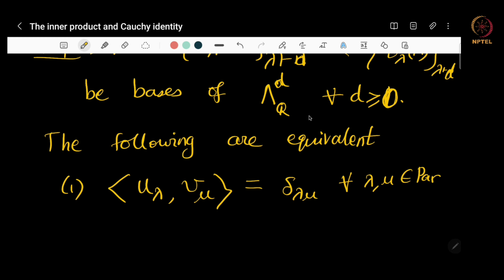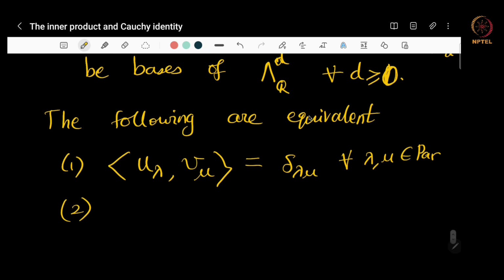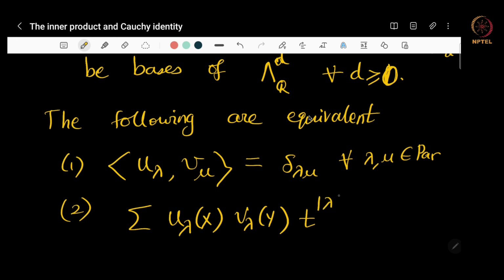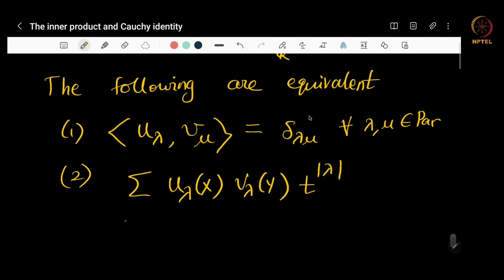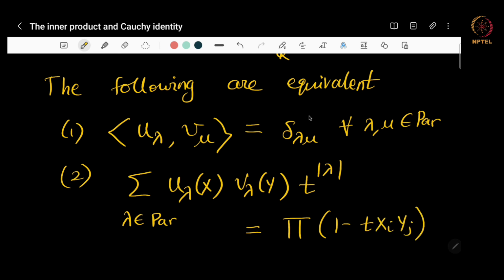The second statement is that if you take u lambda of x, v lambda of y, and since I want to also keep track of degree, I'll put an additional variable t and run this over all partitions, the sum of u lambda of x, v lambda of y, t power mod lambda, is the same as the Cauchy product, with another t there, 1 minus t xi yj inverse.